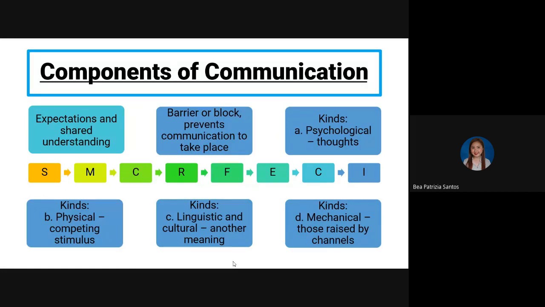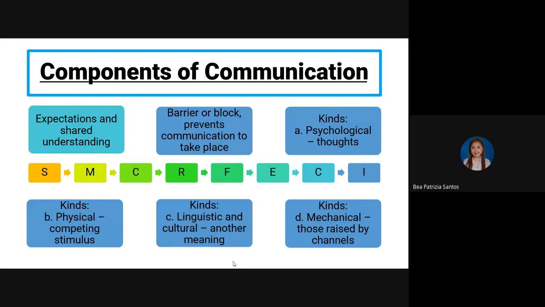Now we have the light blue box, letter C, expectations and shared understanding. C for context is correct. Now we have the last component of communication, letter I. It means barrier or block, prevents communication to take place.